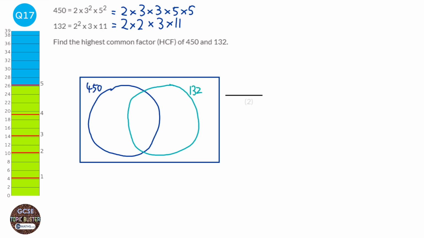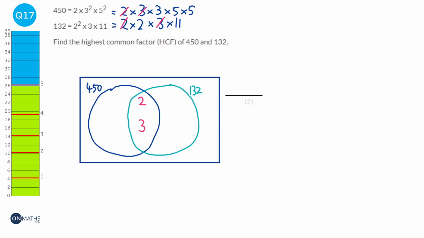So we'll start with the 450 and the numbers. Looking at the prime factors at the top, we can see they both have a 2 in them. So I cross them both out and put 2 in the middle. We can see they both have a 3 in them. So cross those 3's out and put a 3 in the middle.